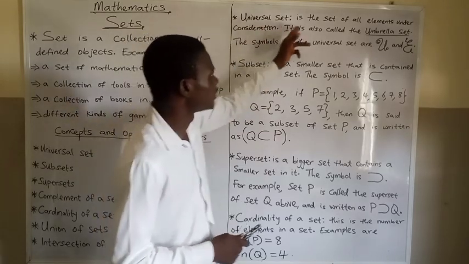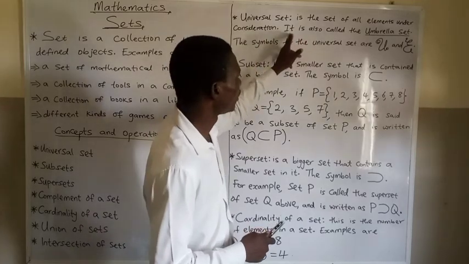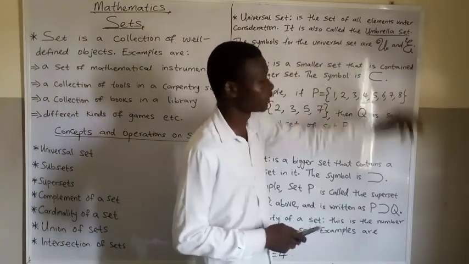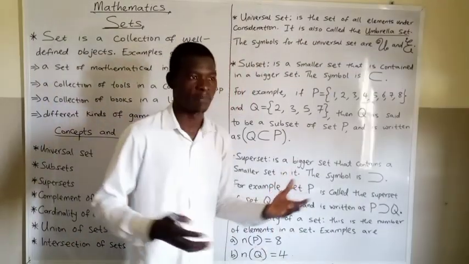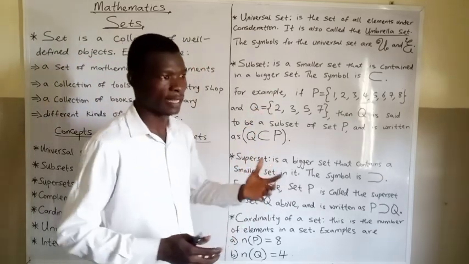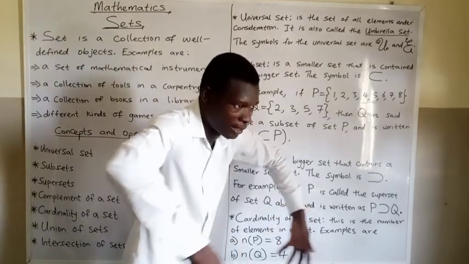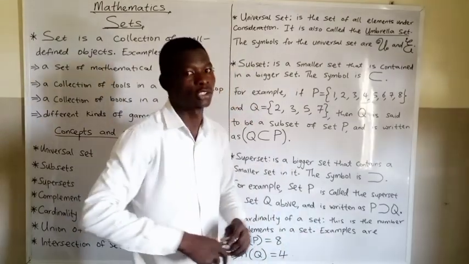The universal set is the set of all elements under consideration. It is also called the umbrella set. I want you to imagine it in this scenario. The universal set is seen like a mother hen that gives covering under her feathers to all her children.